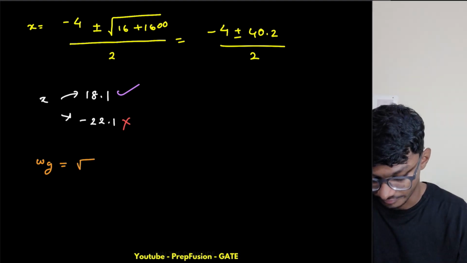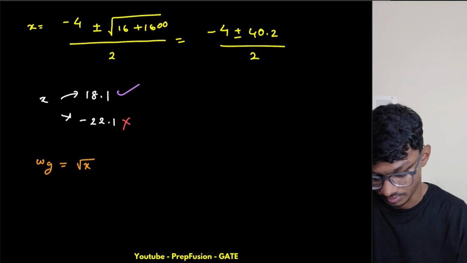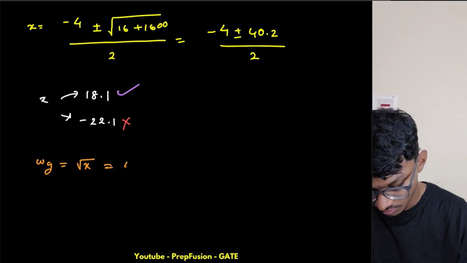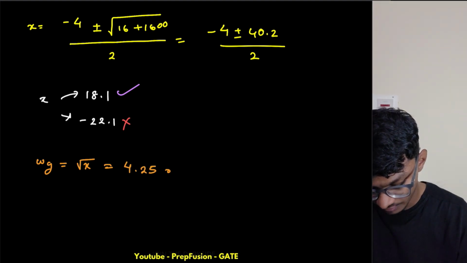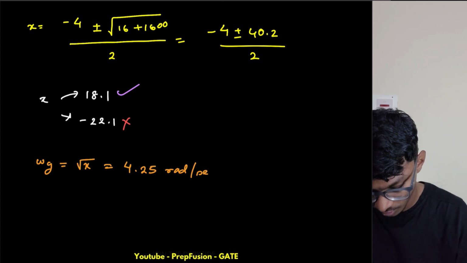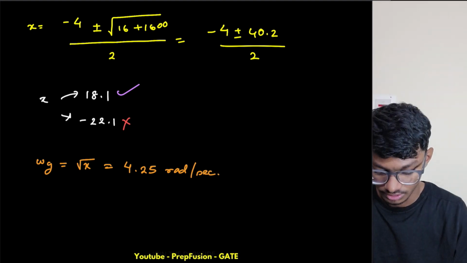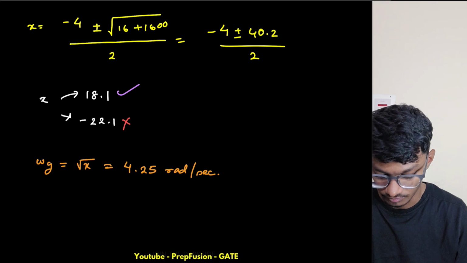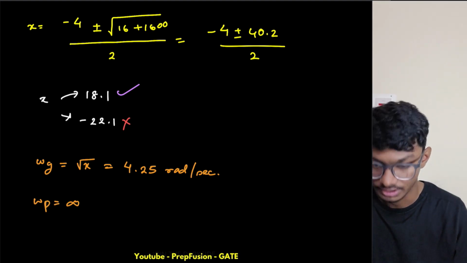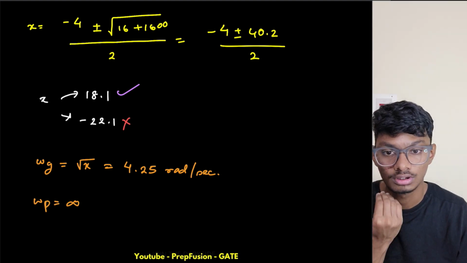I've already written it down. What is the value of omega g? Omega g is around 4.25 radian per second. So this is my answer for omega g, and my omega p is infinity. Now let's solve the other question.